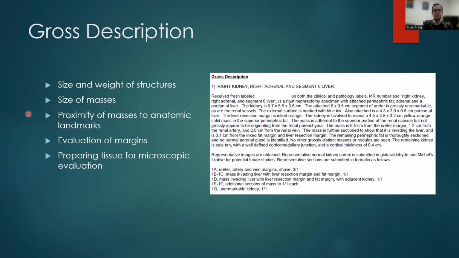We see how those tumors relate to the other structures that we checked out earlier. Is that tumor close to the adrenal gland? Is that tumor close to the ureter, et cetera? Once we've finished our examination, we take a few small pieces of tissue about the size of a dime, and we submit those to be processed. That's what we will actually be looking at under the microscope.